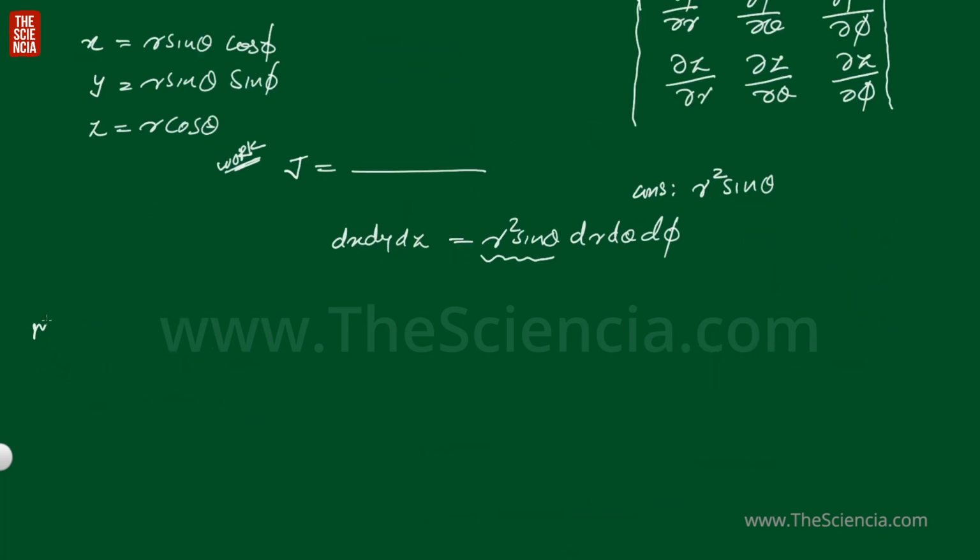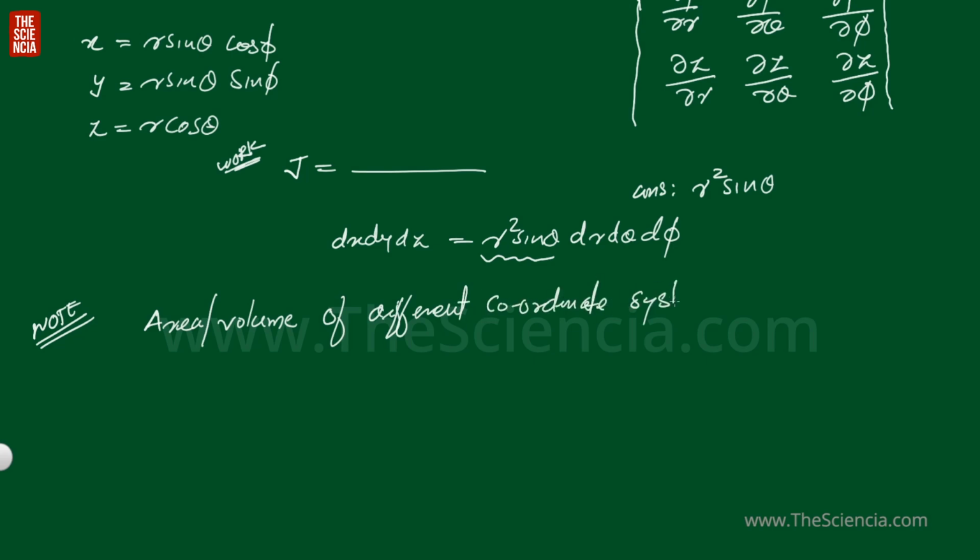A small note for you: area or volume of different coordinate systems are related through Jacobian j. It is nothing but the Poisson bracket, right?